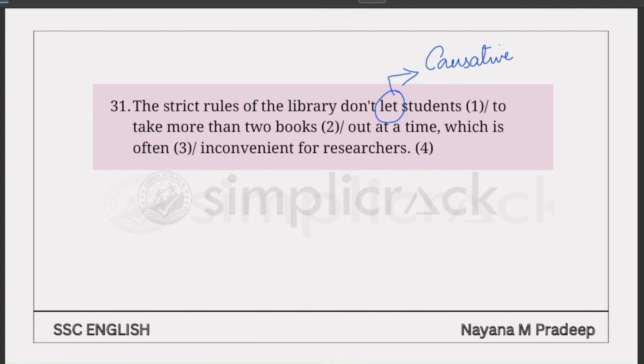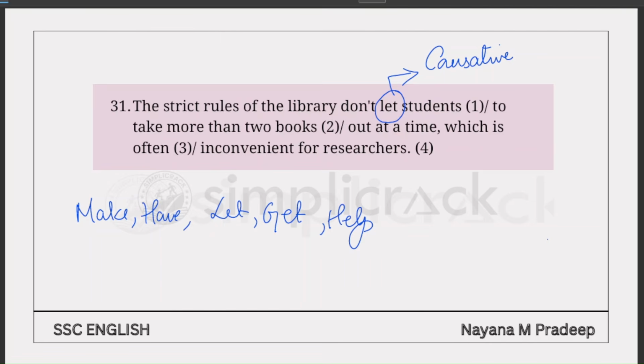Now which are some other causative verbs that you are familiar with? You have make, have, let, get, help. These are some of the most commonly used causative verbs. Now what is the use of a causative verb? A causative verb is used to show that someone or something wants an event to happen, but instead of doing it themselves, they make somebody else do it.